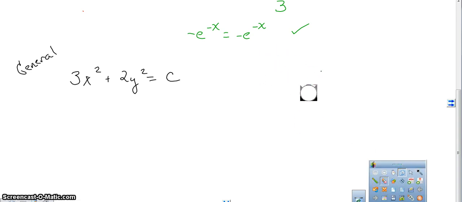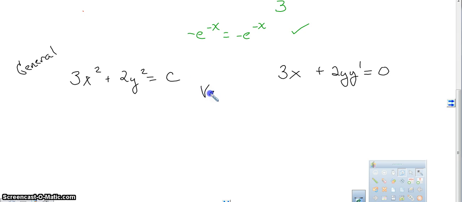I wrote the wrong thing down. All right, so I found my equation here. I want to verify that this is a general solution to the differential equation 3x plus 2y y prime equals 0.